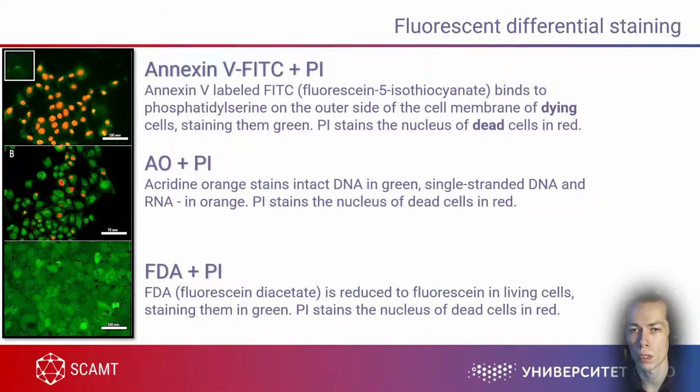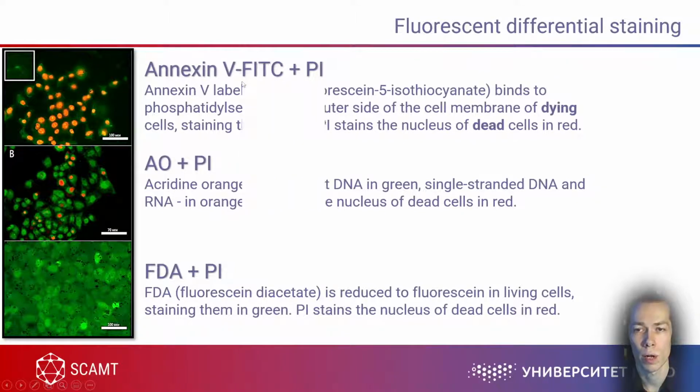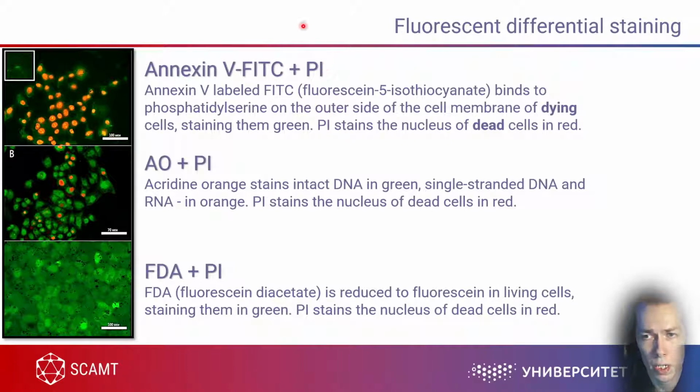One of the most frequently used is annexin V FITC plus propidium iodide. First, propidium iodide, which is used everywhere because it's the most common staining for dead cells. So how does it work? Very simple.